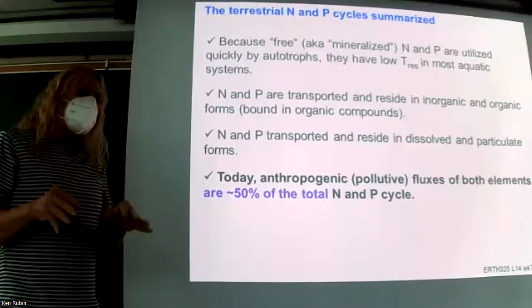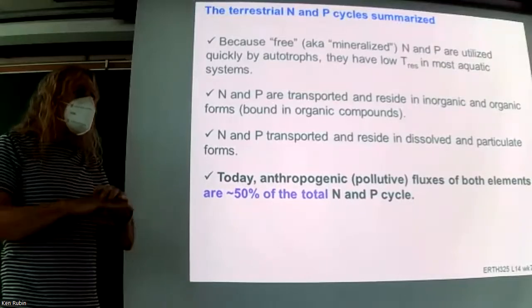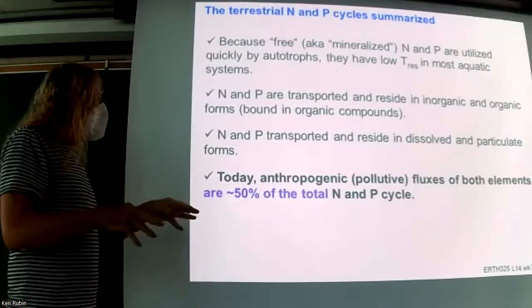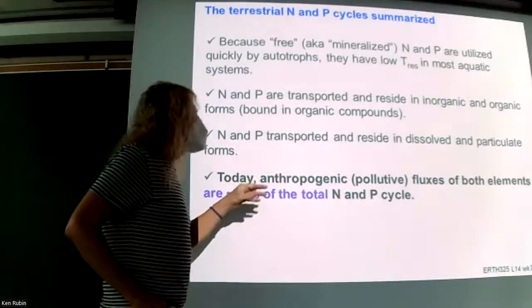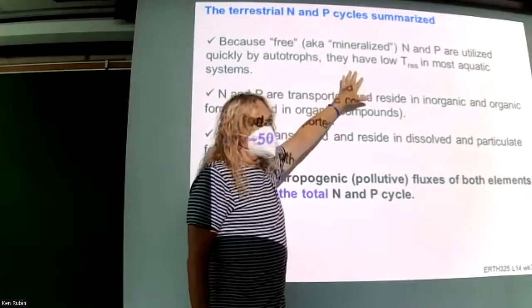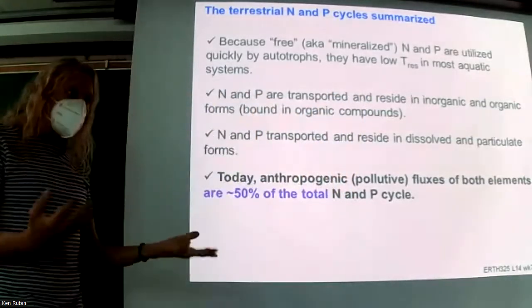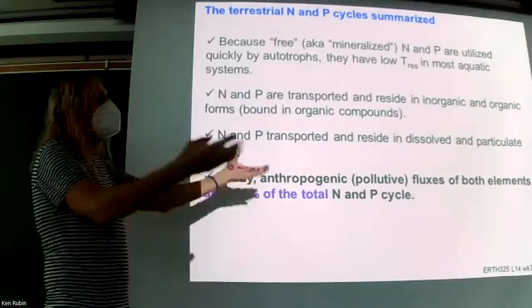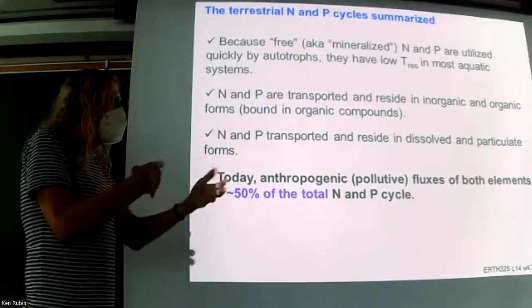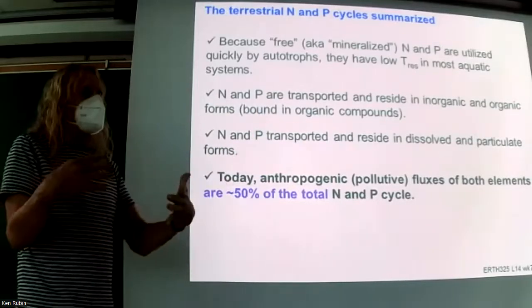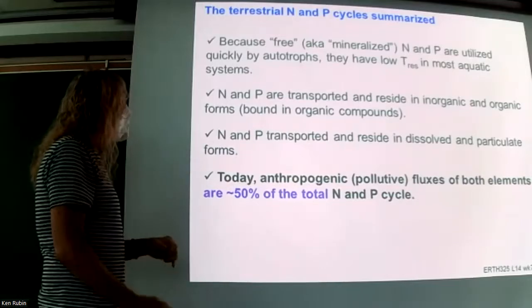So a lot of the nitrogen and phosphorus that we find in the hydrologic cycle is in a form that can't be readily utilized by organisms, but with a small amount of transformation, meaning digestion by respiring organisms, can be converted into that form. It's kind of like money in a long-term account in the bank that you can't take out right away.